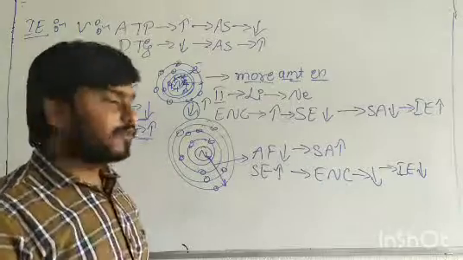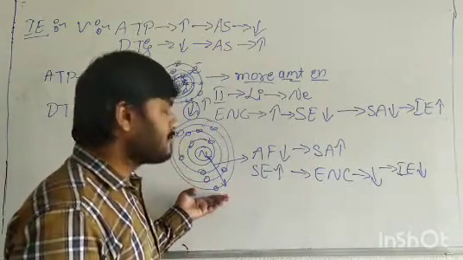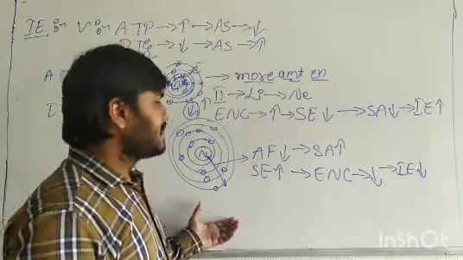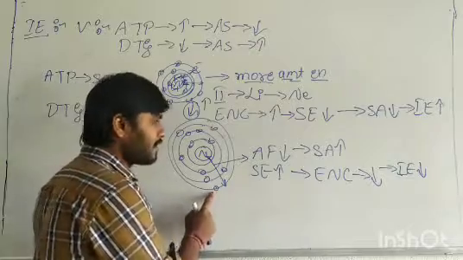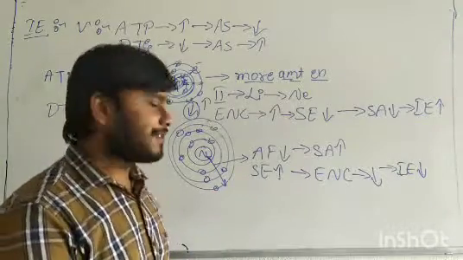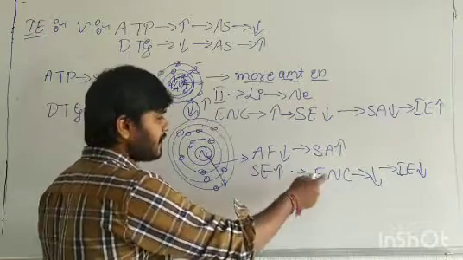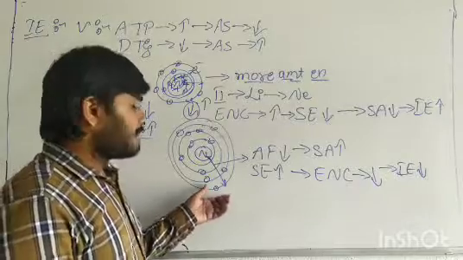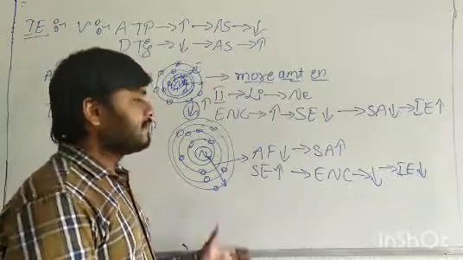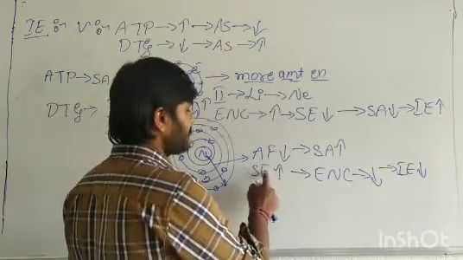If attractive force is less, effective nuclear charge experienced by the outermost electron is less, then the amount of energy required to remove these electrons will obviously be less. If attractive force is more, effective nuclear charge is more, then energy required to remove these outer electrons will be more. This is the variation.